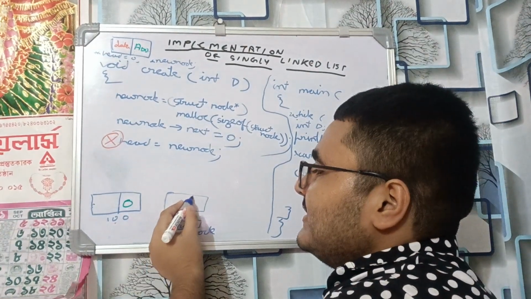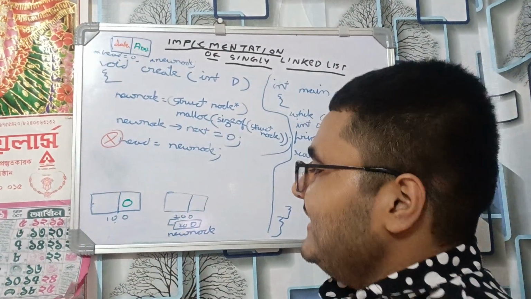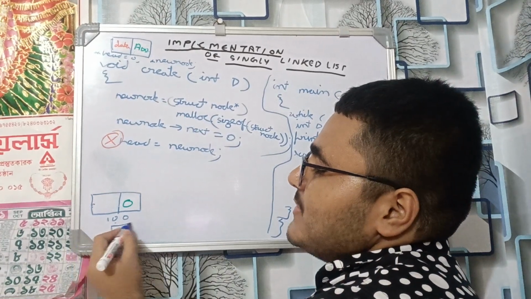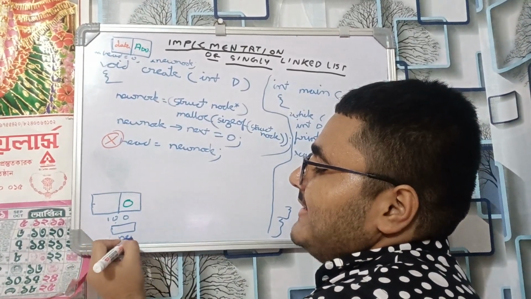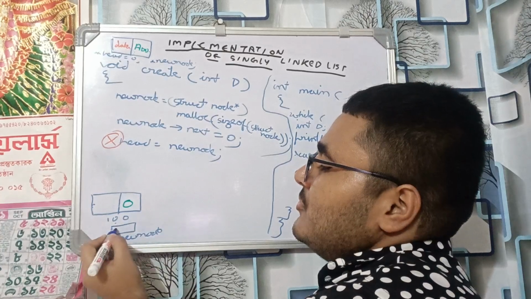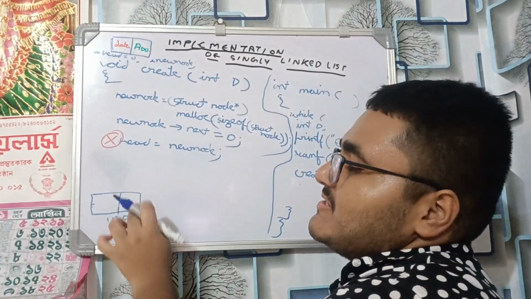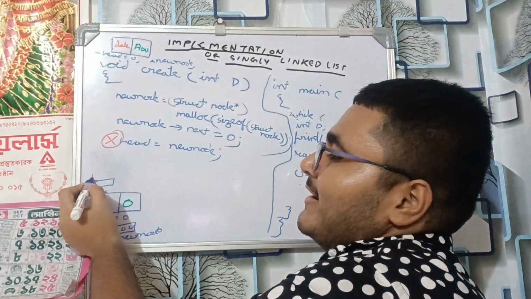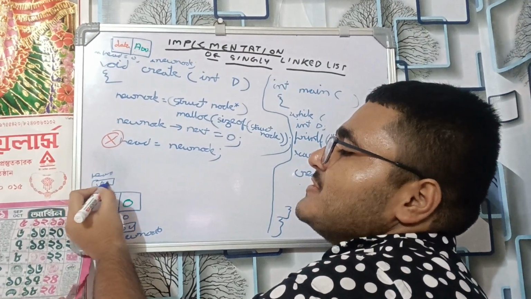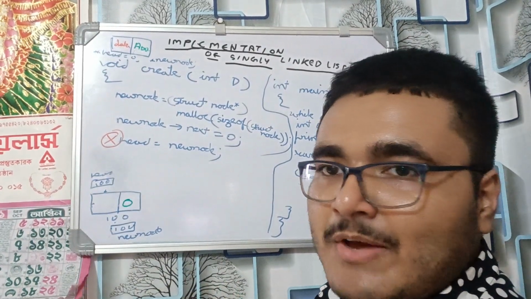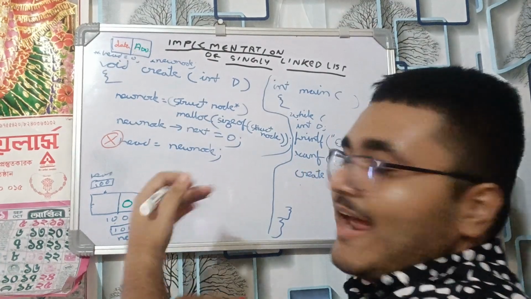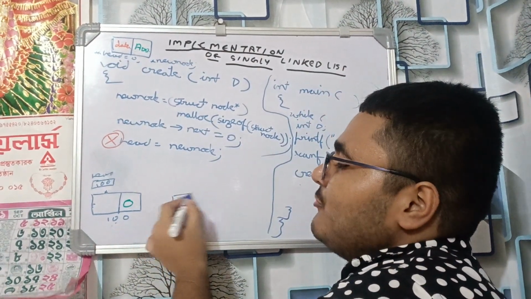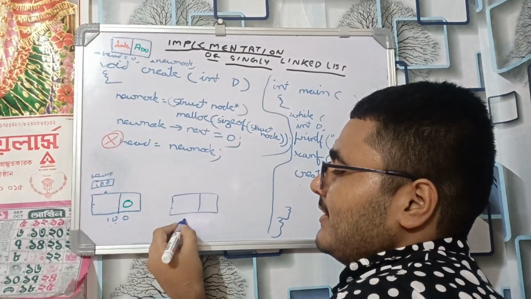So now, initially when this was my new node, new node's next 0 done, head equal to new node, head is pointing to 100. Fine. Till now everything was fine. But when another time this program has been run, another new node has been created.